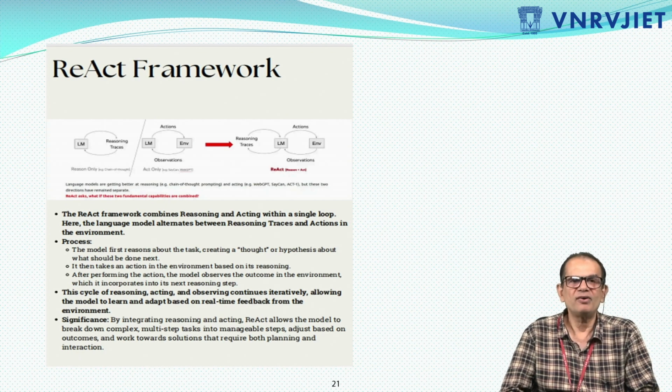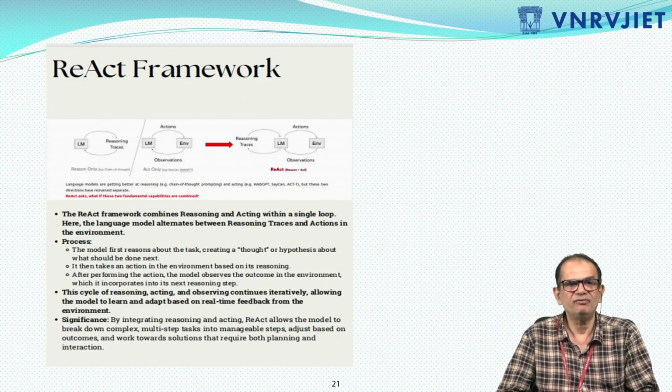Because first we have done the reasoning, and after doing the reasoning we have accordingly performed the action. So this is the reasoning and action framework that we follow in case of agentic AI, or the React framework in short.